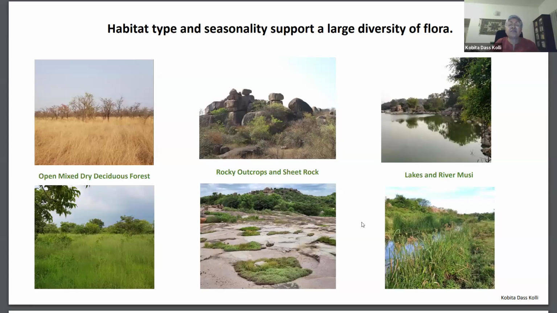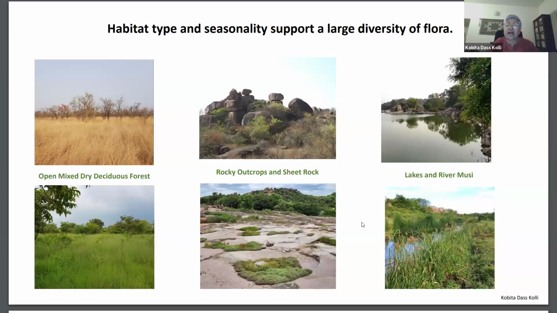Then we have in Hyderabad the rocky outcrops, of course, and we have different kinds of vegetation over there, as you will see later. And with the rocky outcrops, there is something called sheet rock, which are large expanses of rock, on which there may be boulders as well, and these have a slightly different mix of flora, because there are depressions and little basins and niches and crevices on these sheet rocks.